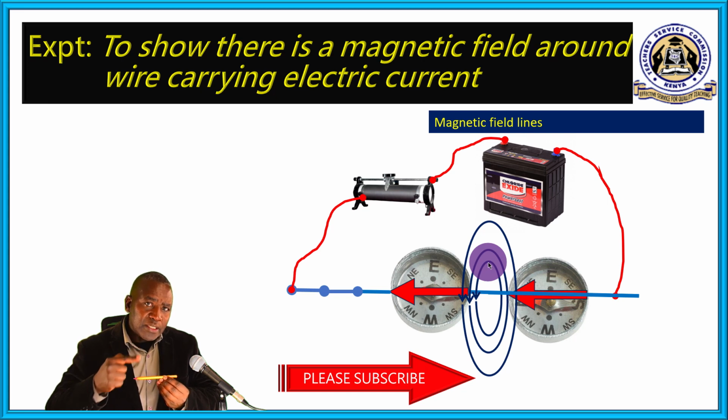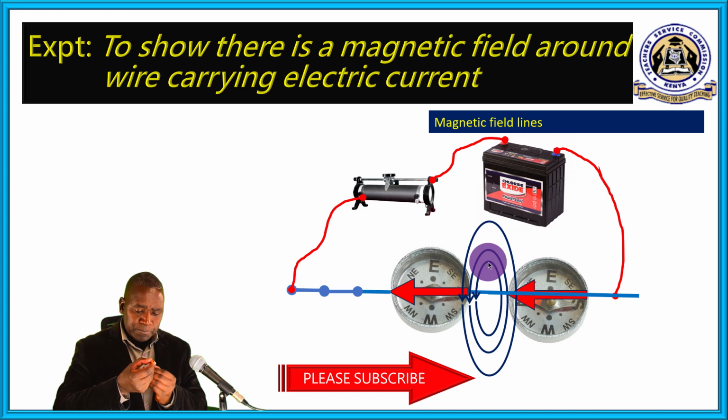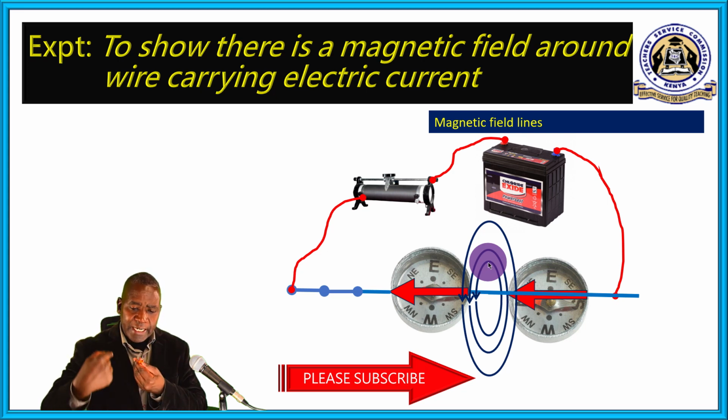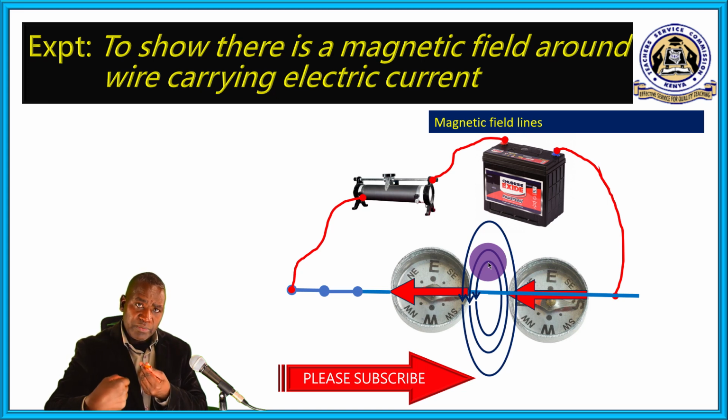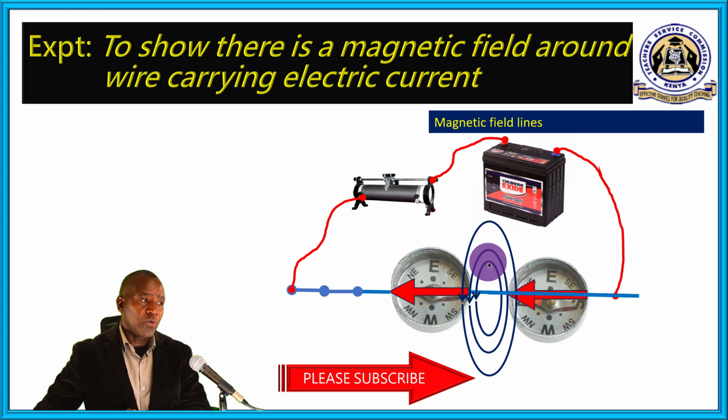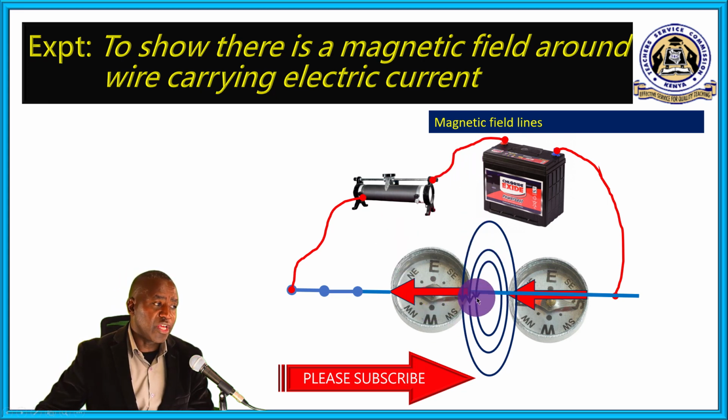So if the current is such that now it is coming towards you, the concentric rings are like this. You can just imagine that there is a ring around this wire like this, and that will be a magnetic field line. When the wire is like this, then we draw it like this. If it is in 3 dimensions, like for example, what I've drawn here is in 3 dimensions.